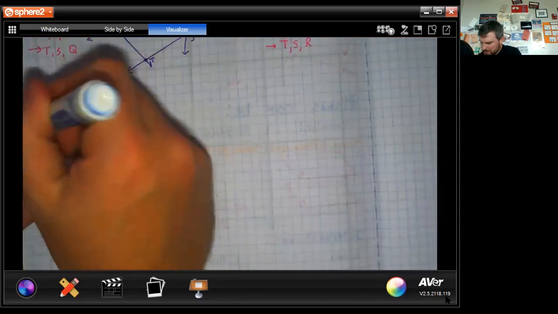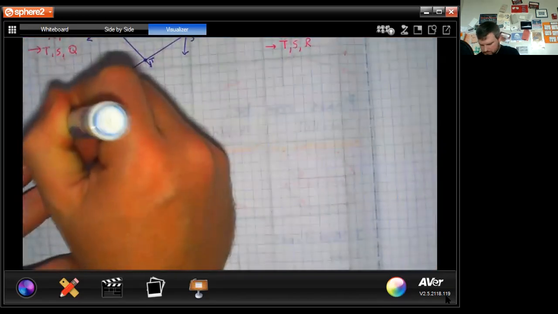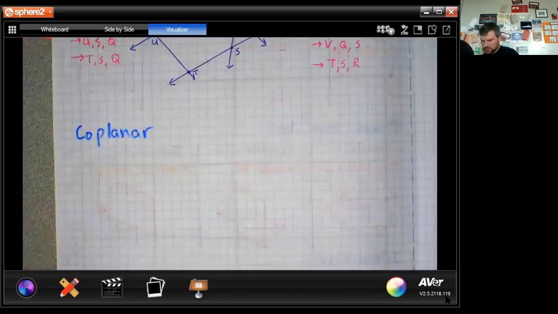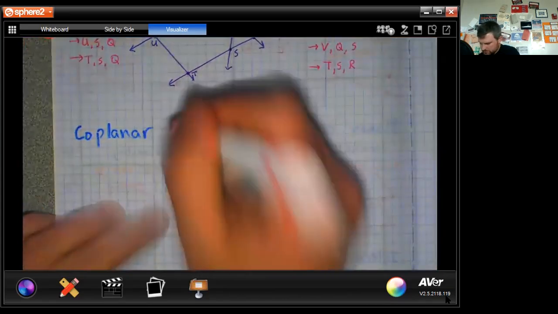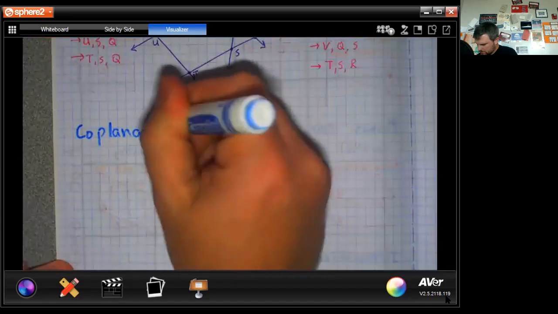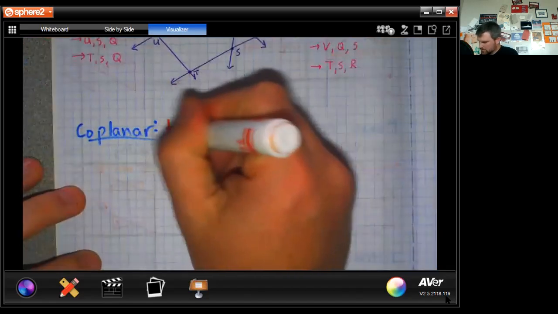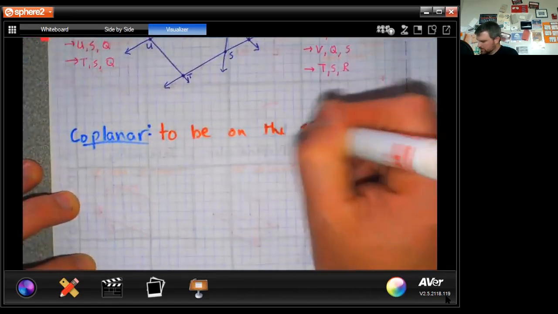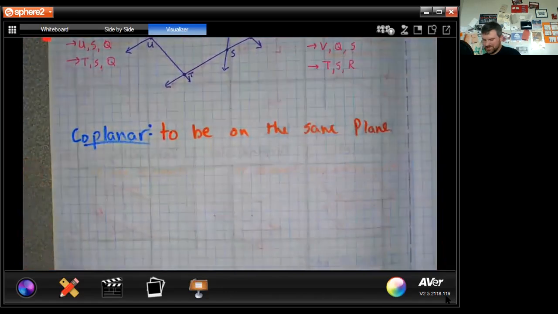The next thing and the last thing we're going to look at is coplanar. Okay, to be coplanar means to be on the same plane. Okay, so if you're on the same plane, you are coplanar.